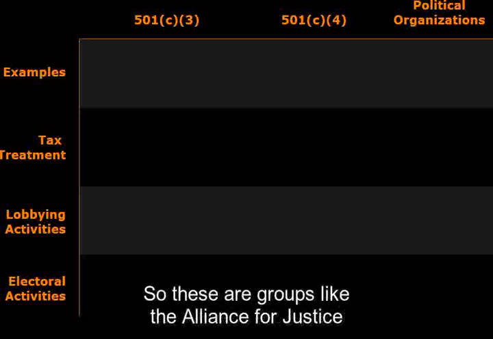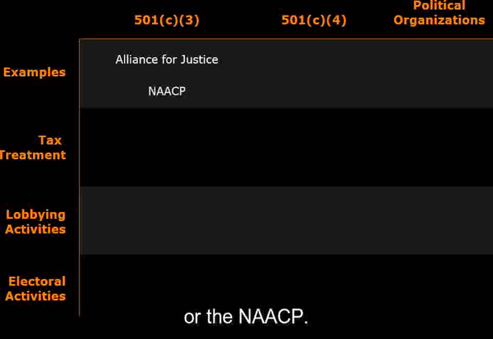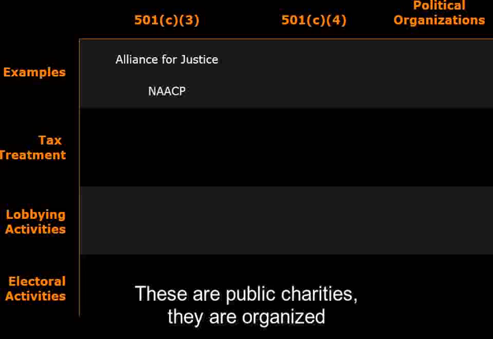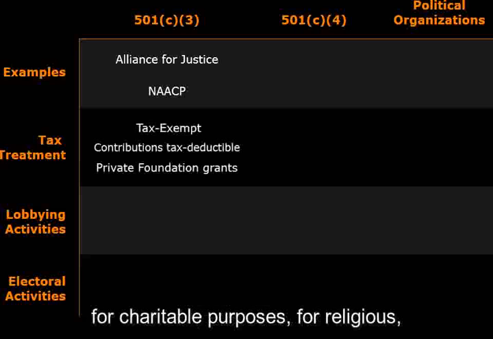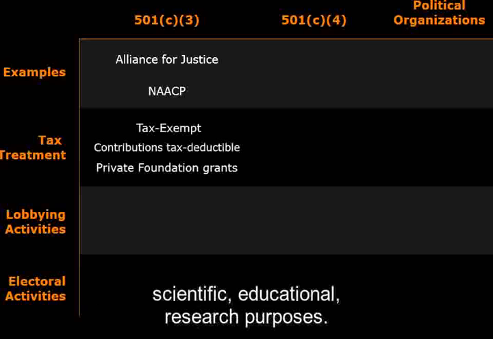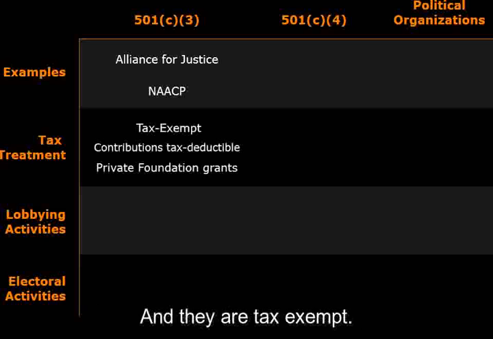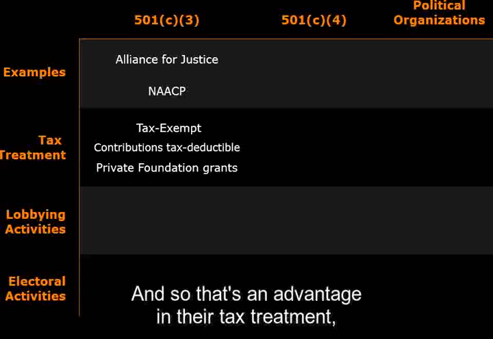So these are groups like the Alliance for Justice or the NAACP. These are public charities. They are organized for charitable, religious, scientific, educational, research purposes, and they are tax exempt. And so that's an advantage in their tax treatment.